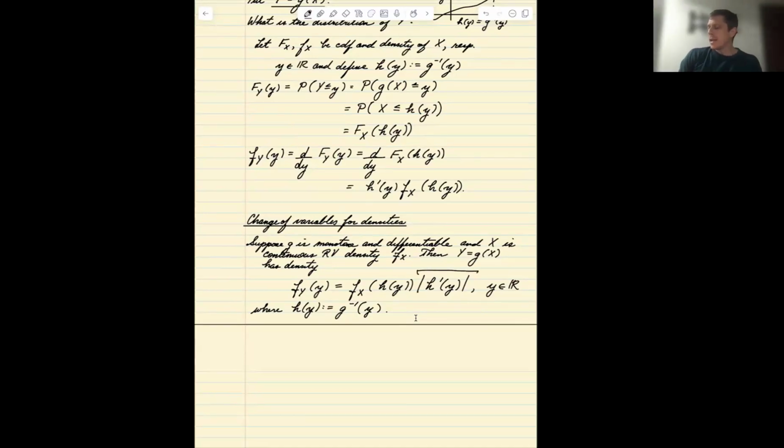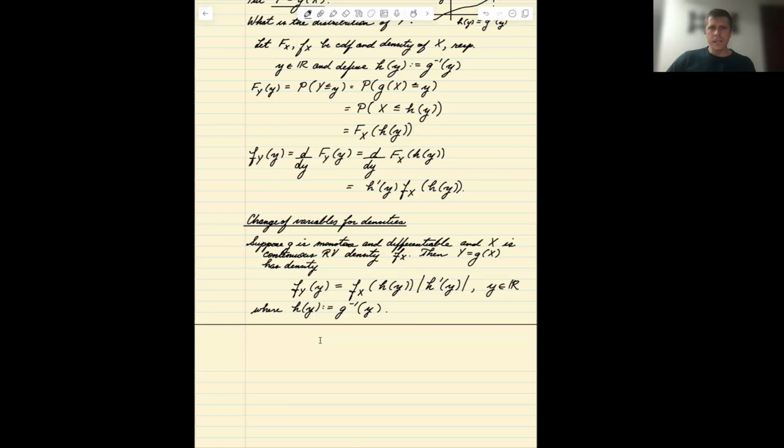So when G is an increasing function, its derivative will be positive, and so the absolute value is just the derivative. When G is decreasing, the derivative will be negative, and so this absolute value is necessary to make this be a density.